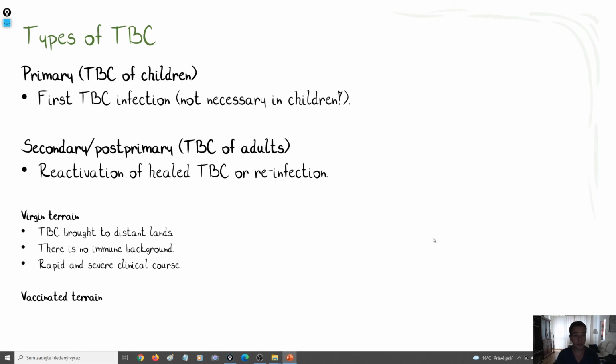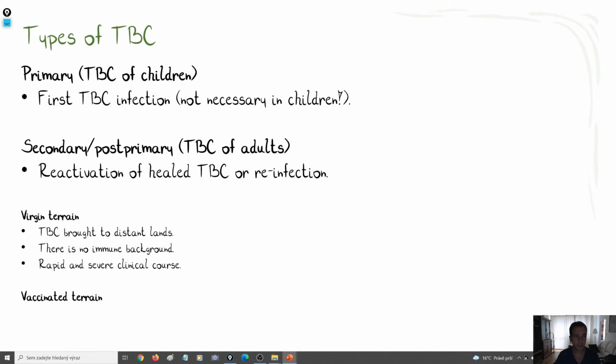There are two basic types of TBC, primary and secondary. Primary TBC means the first TBC infection. It used to be called TBC of children because usually children were affected. But it is not the rule. It's not necessarily just a pediatric infection. Even older patients can develop primary TBC.